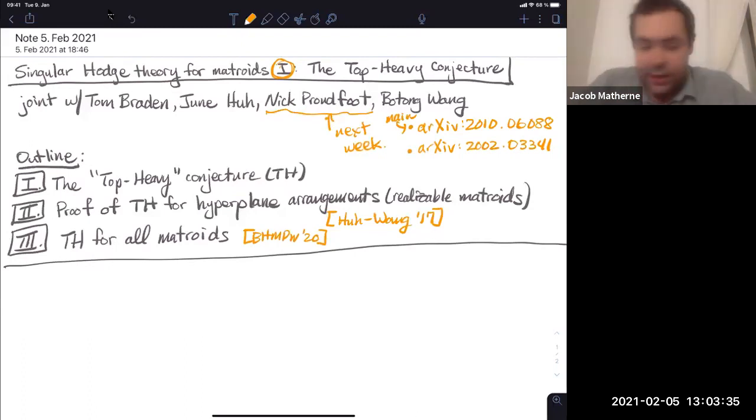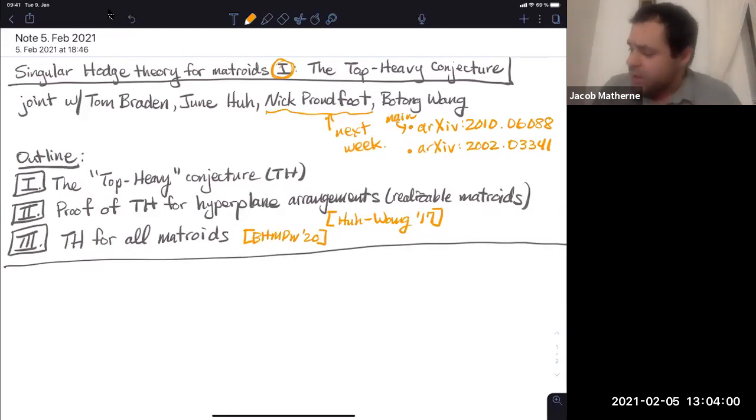So here's the outline. First I'm going to tell you what this top-heavy conjecture is. It makes sense for all matroids, but all of my examples are going to be very concrete in terms of hyperplane arrangements. When you have hyperplane arrangements, you have all of this geometry, and you can prove this top-heavy conjecture using topology and geometry.